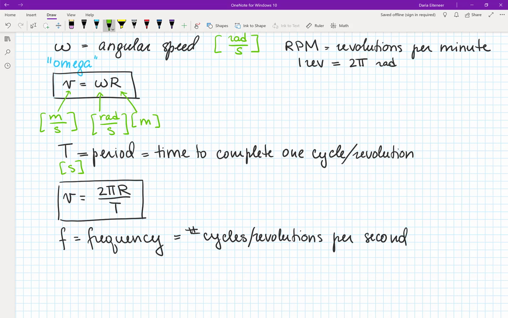The unit of frequency is called a hertz, capital H, little z, named after an Austrian engineer, Hertz, who discovered radio waves. And the hertz is the same thing as 1 over second. Sometimes people even write it as s to the negative 1 power, as in reciprocal of seconds.